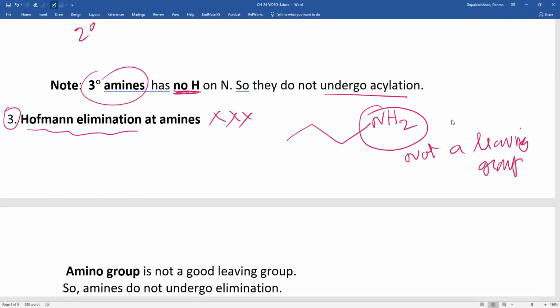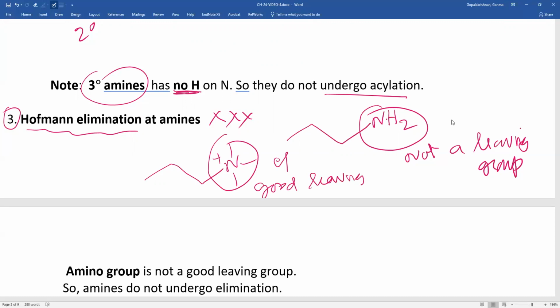So we cannot substitute it, or we cannot do some reactions. But if we convert that into a quaternary ammonium salt, this is a good leaving group. So we are going to do that in this one.